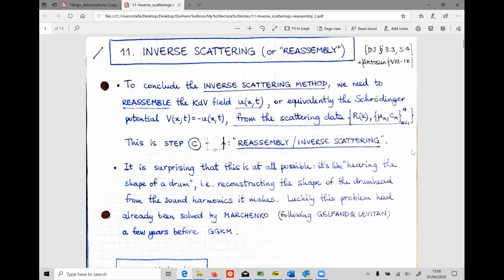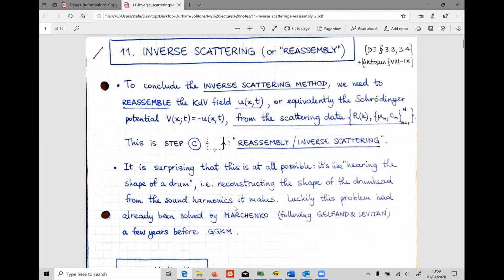So, as I have already remarked in an earlier lecture, it is actually quite surprising that this inverse scattering is possible at all. So, to borrow a famous sentence in a different but related realm of mathematics, this problem is like being able to hear the shape of a drum, that is to reconstruct the shape of a drum head from the sound harmonics that it makes.